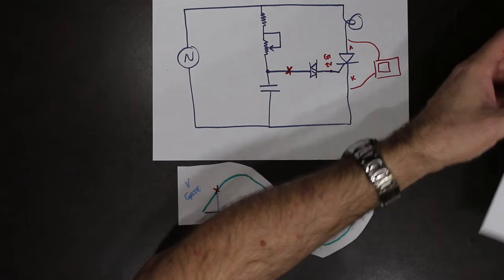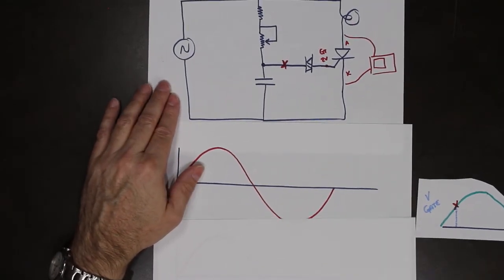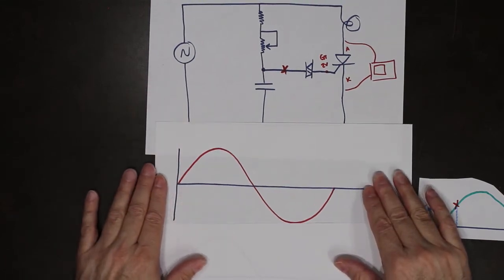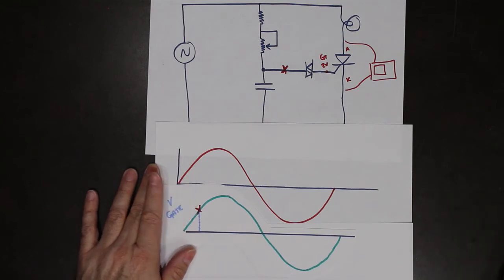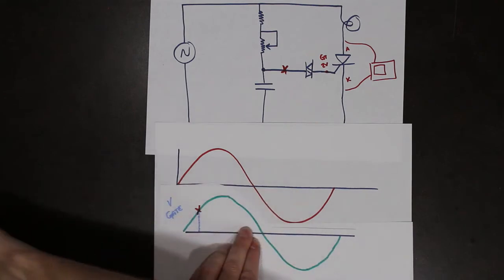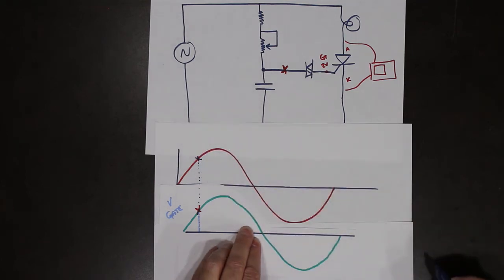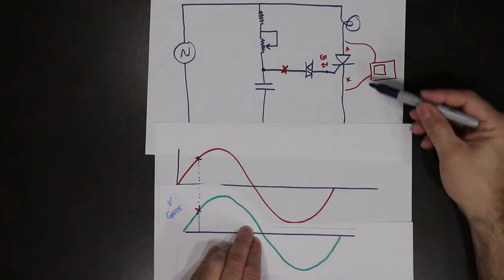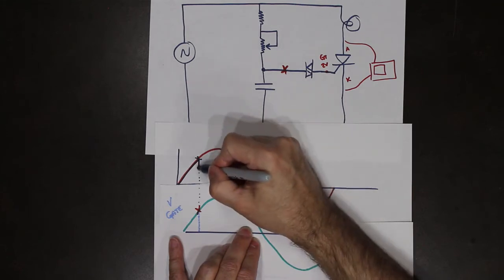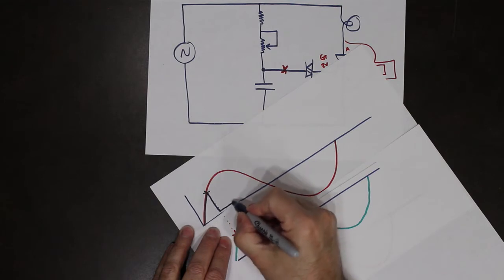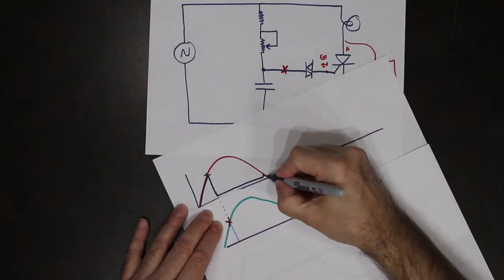So if we take our waveform and we apply that concept, if I was to take that point and move it up, what our waveform would look like across anode to cathode would be voltage is rising, hits that point, then we start to conduct, and then we turn off because we're falling below the holding current again, and we remain off.